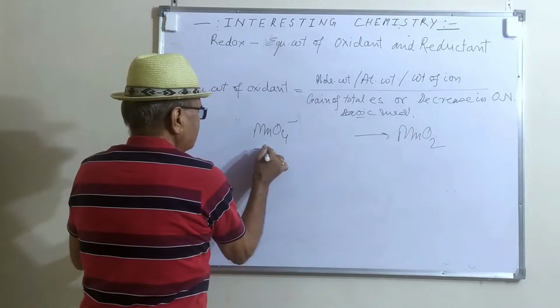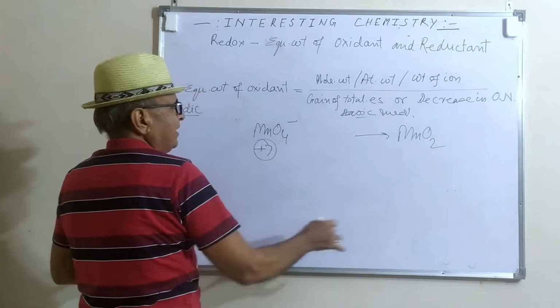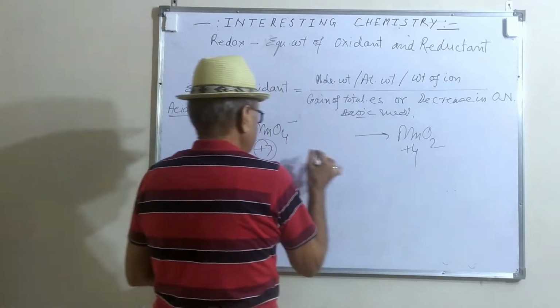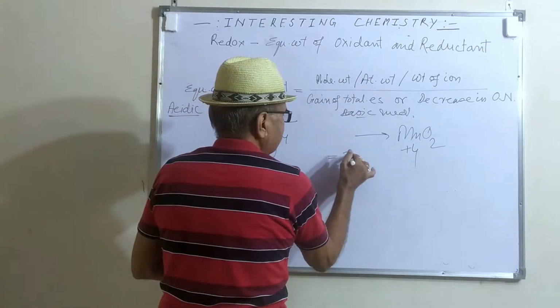So here the oxidation number is +7, and here it is +4. So the decrease in oxidation number is 3.